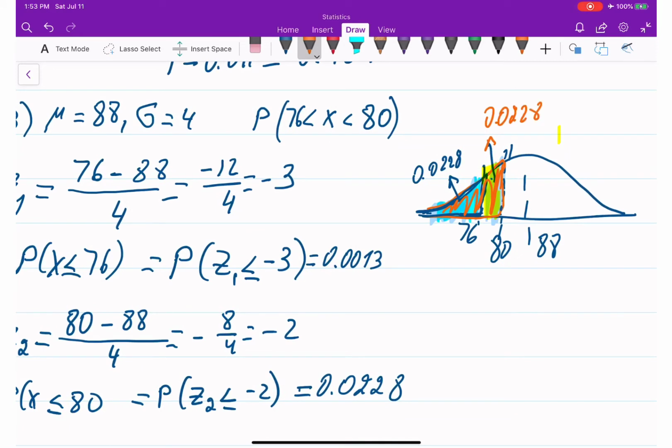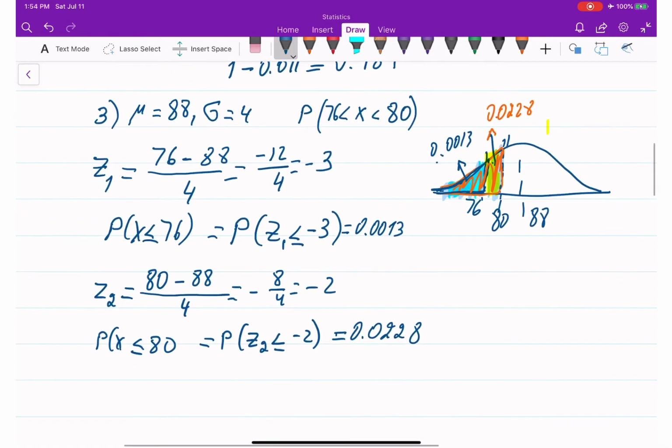And the blue area is 0.0013. So if I take the orange area and subtract the blue area, I will get what is in between, right?